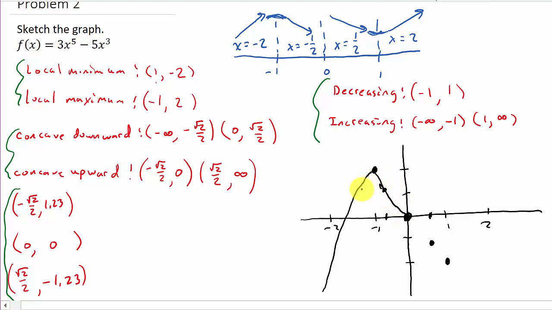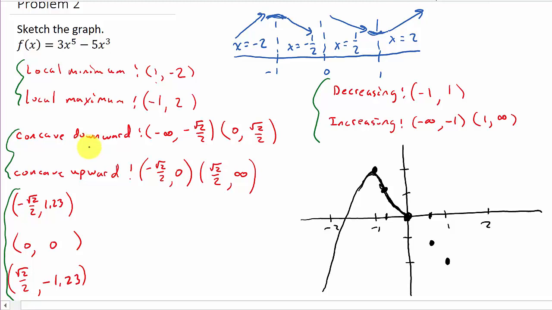I don't know if you can see, you might want to see it's doing this. It's coming in like this, and then it's changing to concave upward. So you gotta show that. But then look at this. From 0 to √2/2, see, it's going back to concave downward.